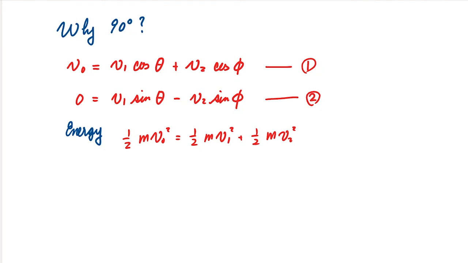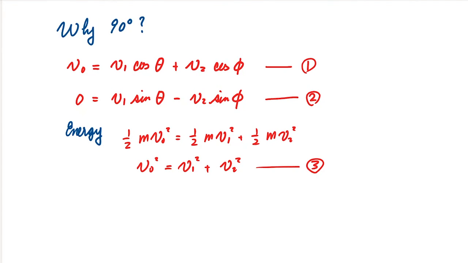Energy, remember, is a scalar, so we just add total kinetic energies, and this needs to be conserved. Divide both sides by m and multiply by 2. So you have v0 squared is equal to v1 squared plus v2 squared. I'm going to call this equation 3. So it becomes a system of equations between 1 and 2.